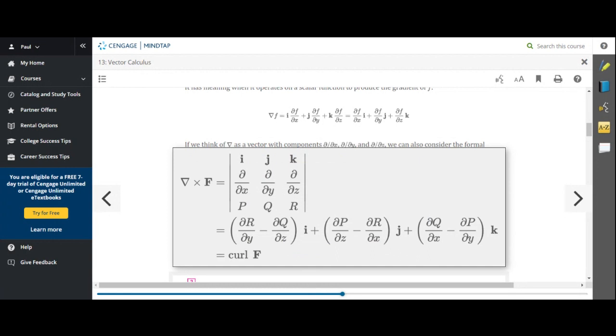Thank you, Robin. By defining the curl of a vector field F as the cross product of the del operator and the vector field F, that works.